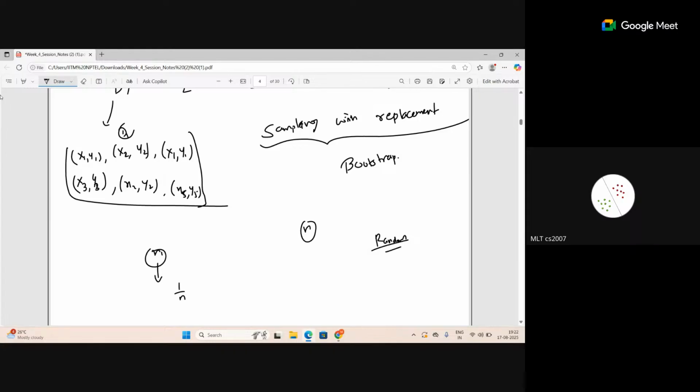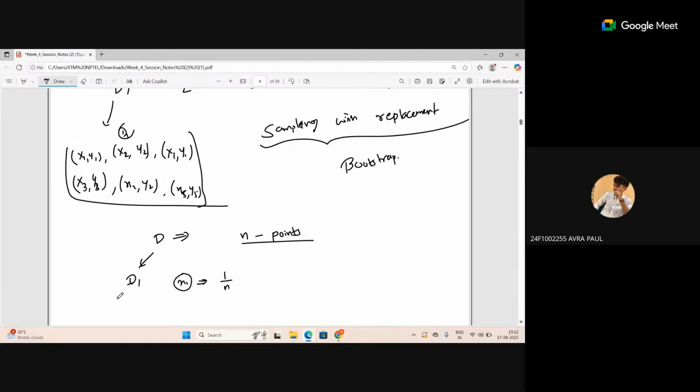Let me do it properly so everybody will understand. You have a total of n points in a data set D. Let's say I have chosen a D1 data set from here, with replacement, and I have x1 as one point out of this data set. The chance that it will get picked is 1 by n.